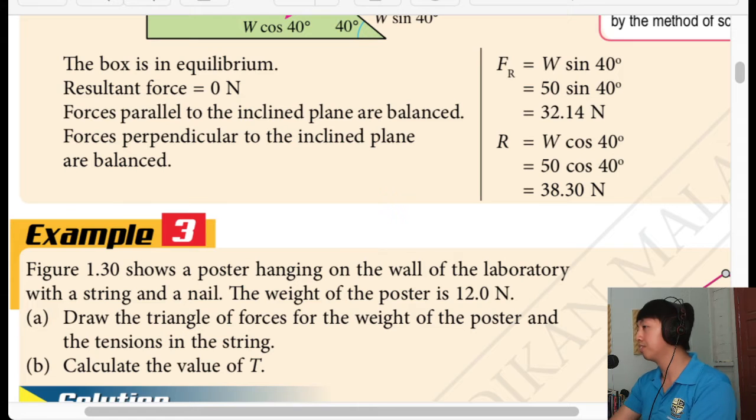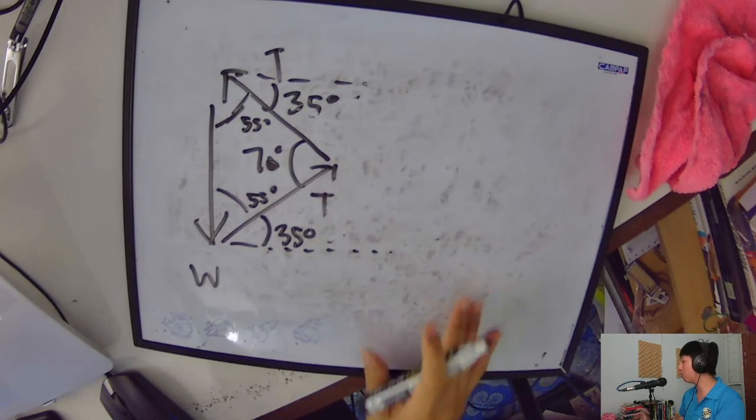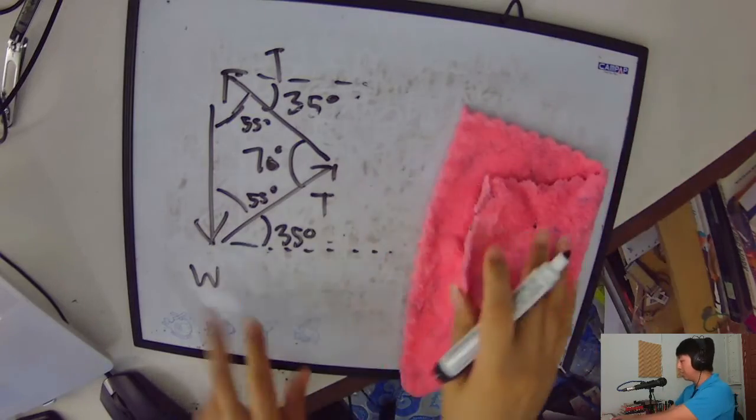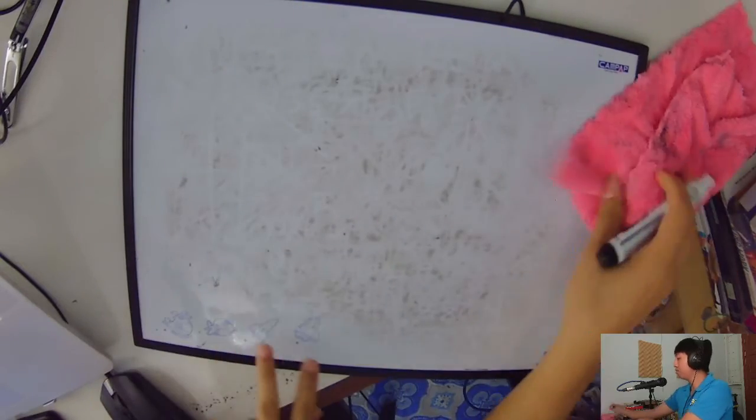Okay, so I'm going to show you the other two methods now. Either you use the sine rule or the cosine rule. If you don't remember what the sine rule is, let me help you review it.